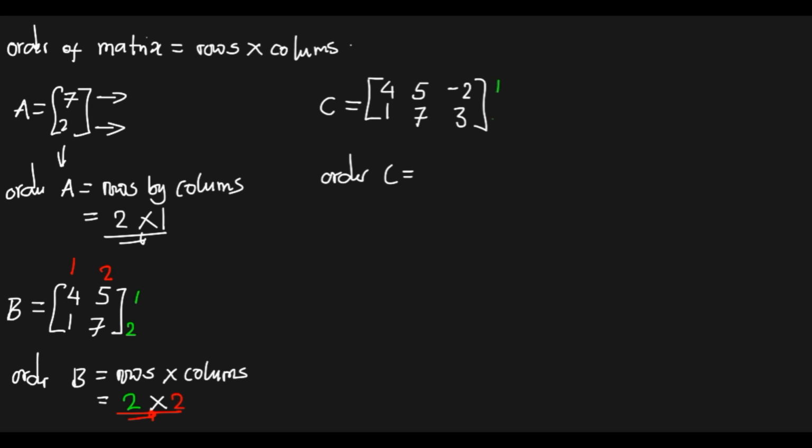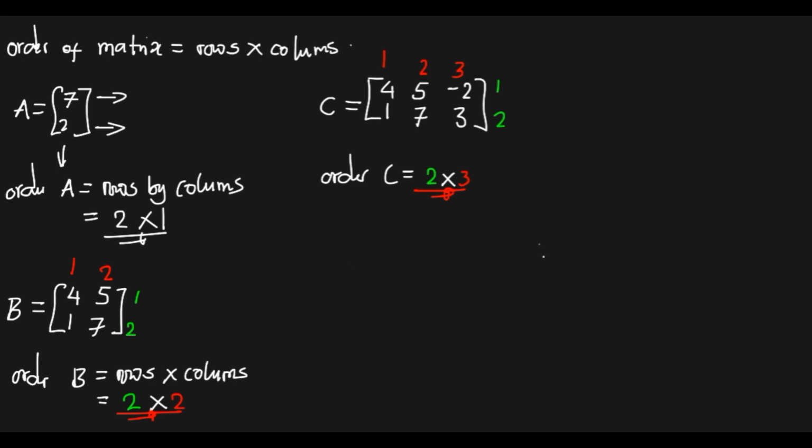You can see that we have 2 rows. Then after giving the number of rows, you need to state the number of columns. So we have 1, 2, 3. So this is a 2 by 3 matrix.